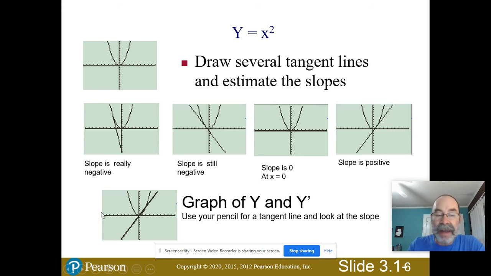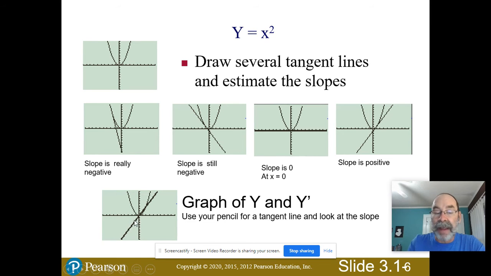Now, why is it negative? Because down here, remember, the slope was really negative. Whatever that number is, it doesn't really matter. As we get closer and closer, notice that the slope is getting closer to 0, getting more flat, I should say, not less.